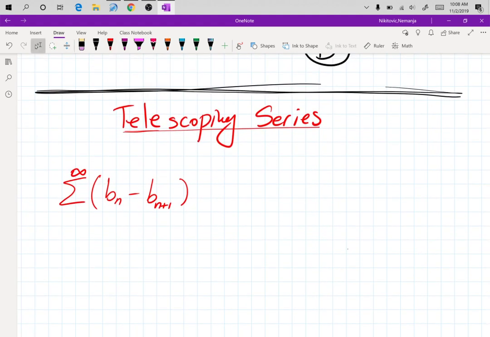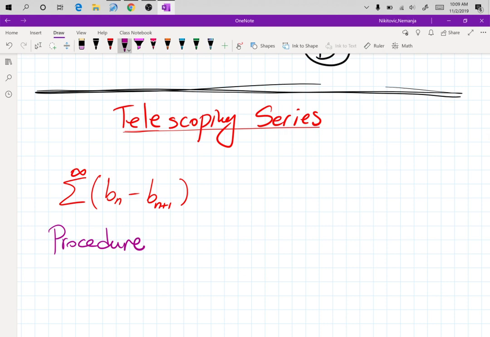And now there is a procedure here. The procedure is pretty much the same as the procedure you use for improper integrals.